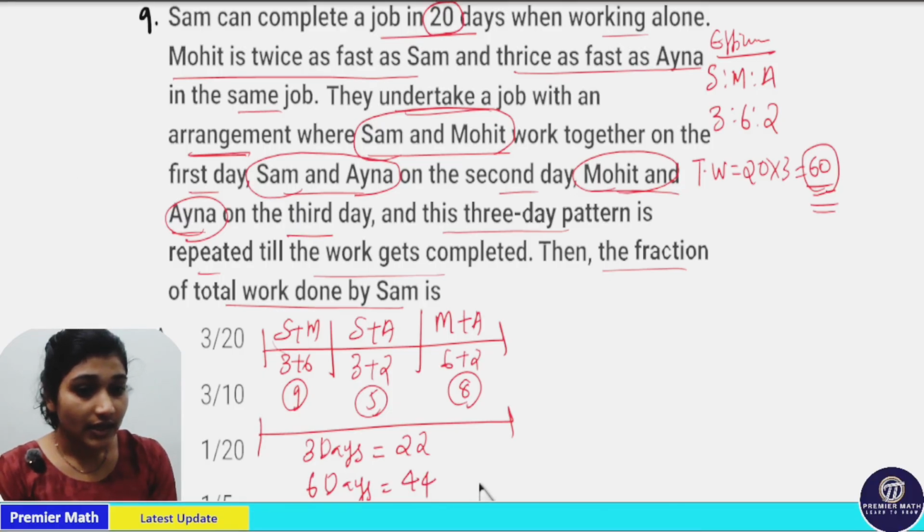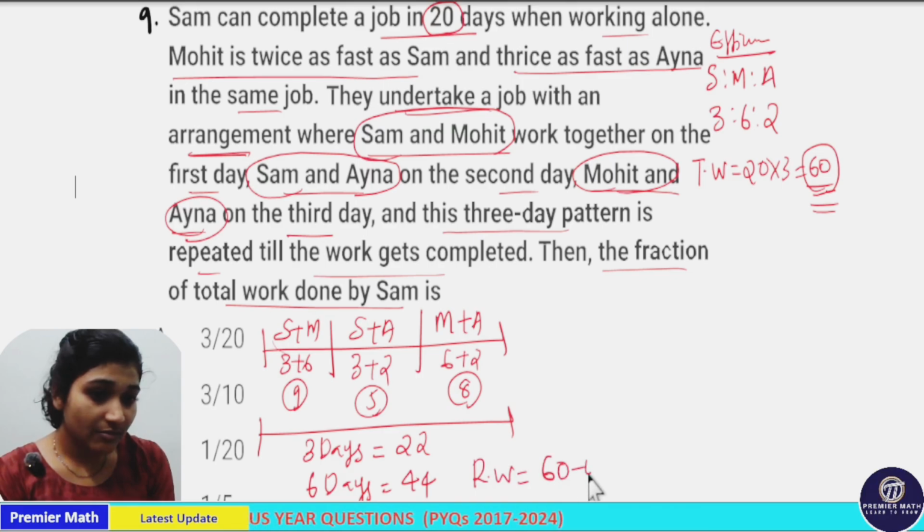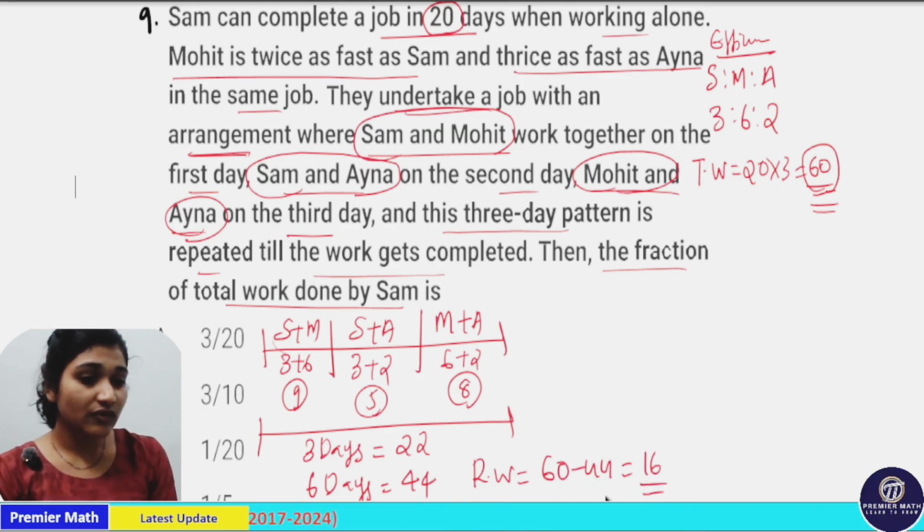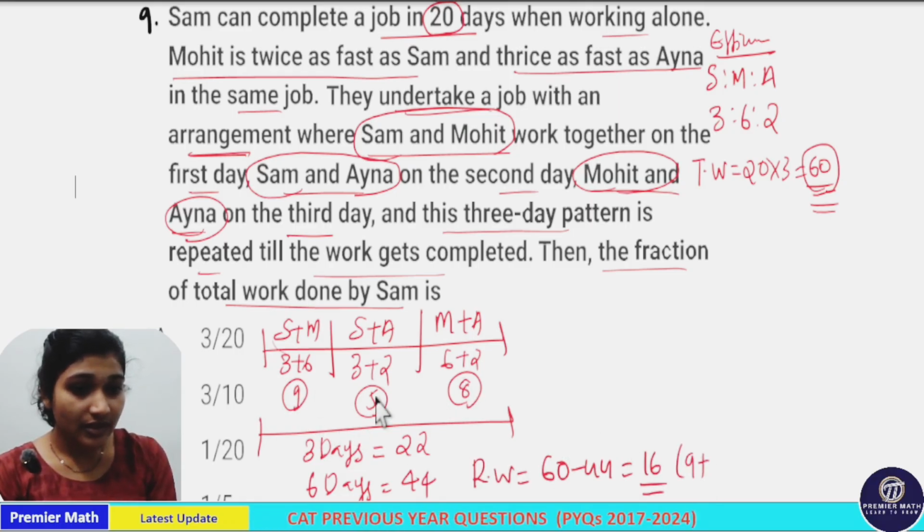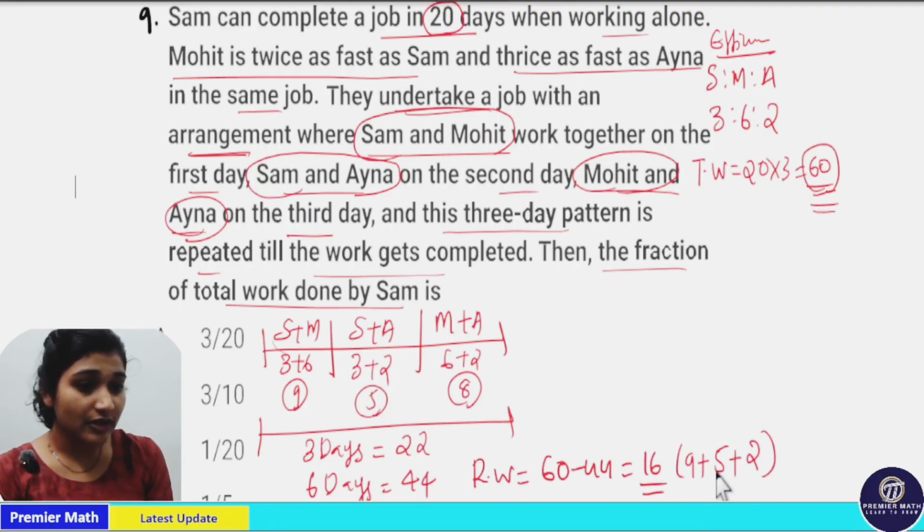And the remaining work is 60 minus 44, 16 units. This 16 units will be completed in 3 days, because on the first day 9 units will complete, on the second day 5 units, and on the third day the remaining 2 units. 9 plus 5 is 14, 14 plus 2 is 16.